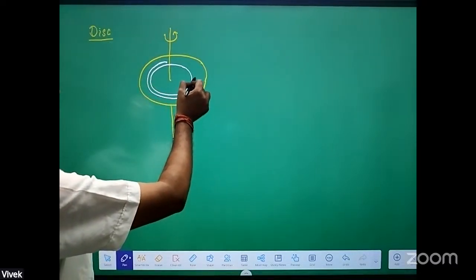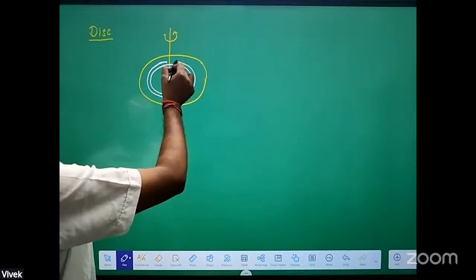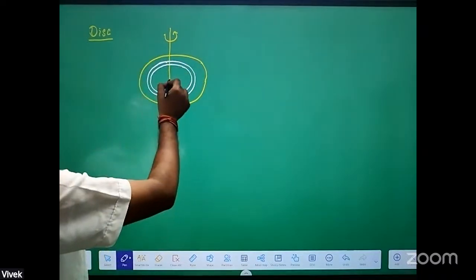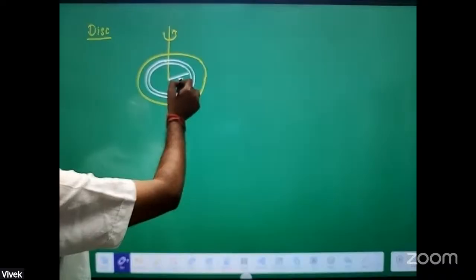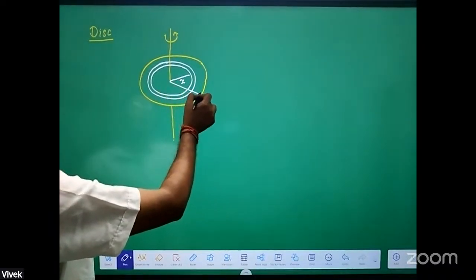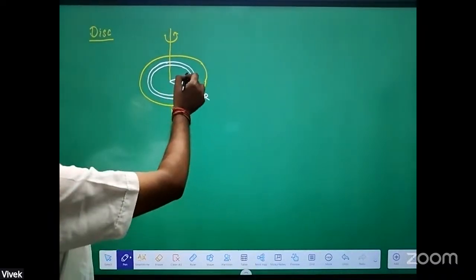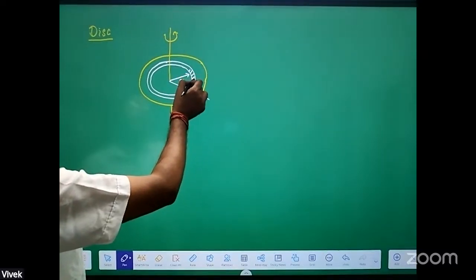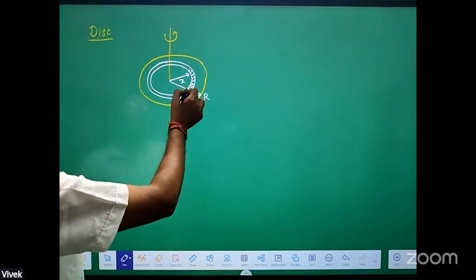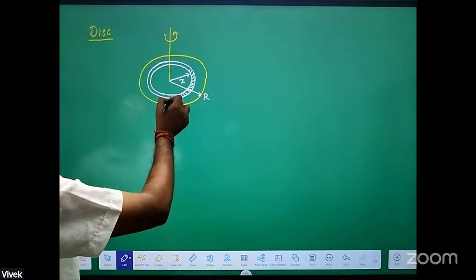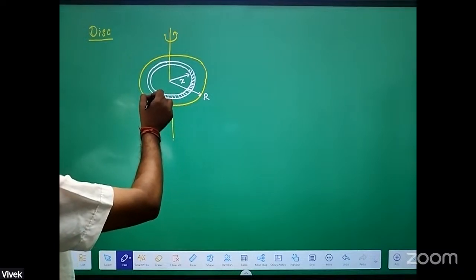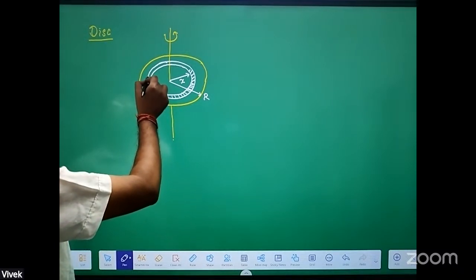So I'm considering this type of strip. At a distance x from here, the radius of this ring is x. So at a distance x, I have considered this type of ring. This will be very similar to the ring structure.